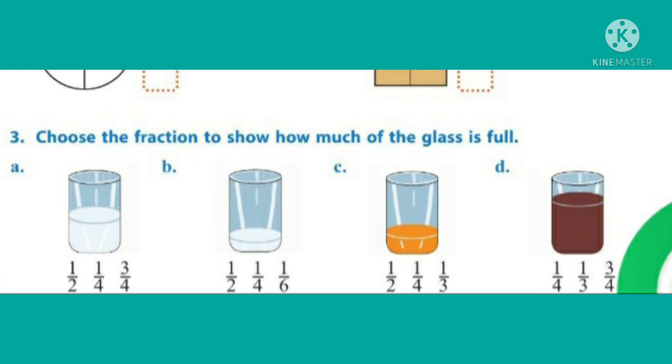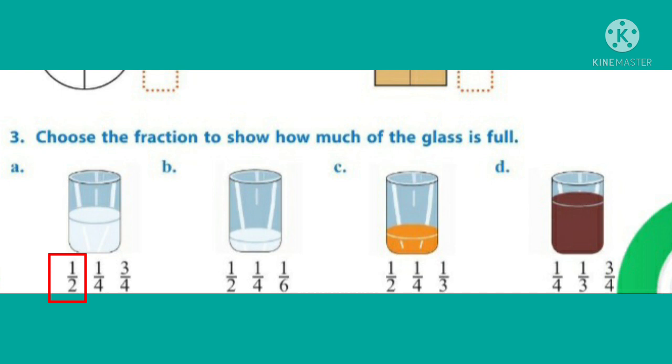See the first glass. Yes, half of the glass is filled with water. So half means 1 by 2. So the fraction is 1 by 2. We can say that half portion of the glass is full.